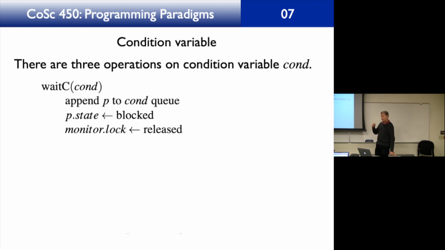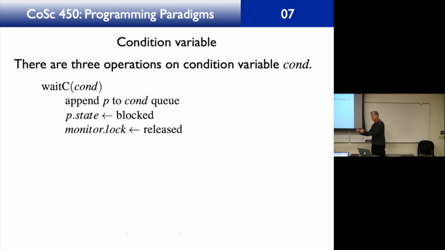What does wait C do? First of all, who executes a wait? A process does. What is the parameter in the wait? COND. And what is the COND? A condition variable. So the process would say wait and give the name of a condition variable.